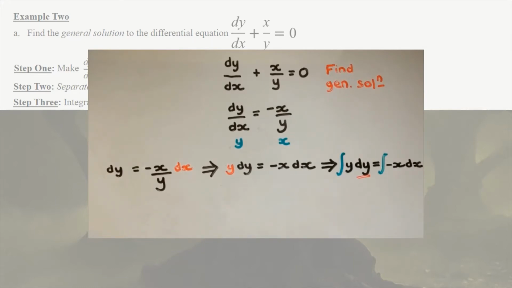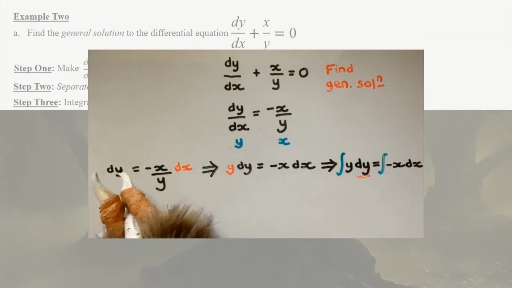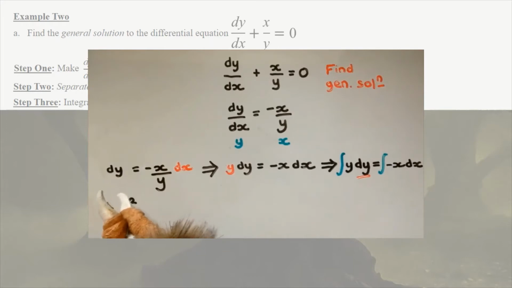Let's do this. So I'm just following on here. So we're going to have y squared over 2. And no need to add the constant, we can do that on the left hand side. Okay, remember I explained that previously. Y squared over 2, add 1 to the power, divide by the new power.